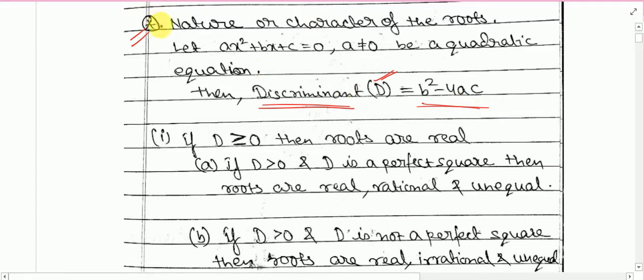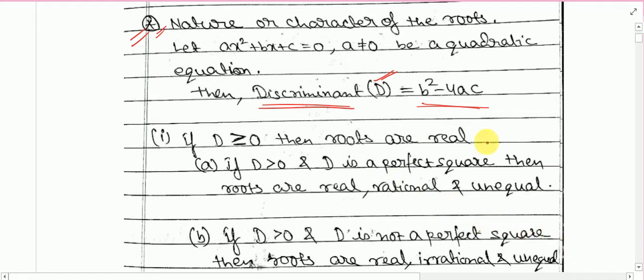So in your maths copy you will write down this, nature or character of the roots. So nature and character of the roots are decided with the help of discriminant, okay, where discriminant is denoted by capital letter D, and it is given as b square minus 4ac.